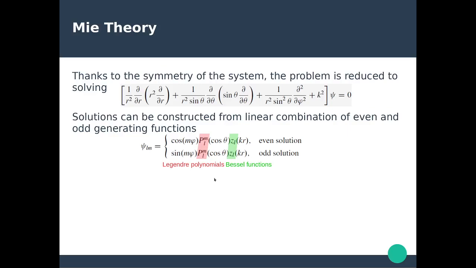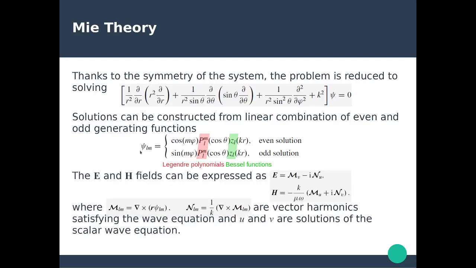So what do we do with this? When we have this type of solutions, then we can calculate the electric field and the magnetic field. For that, we need to introduce additional mathematical objects, known here as vector harmonics, M sub lm and N sub lm. These are basically extensions of the traditional spherical harmonics, but for use with vectors.